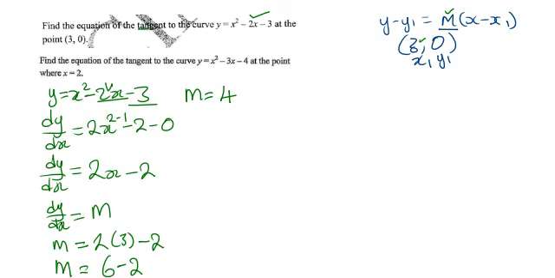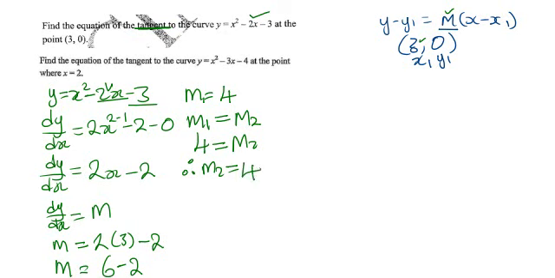If you are finding the equation of the tangent, it simply means that m1, which is this gradient of the curve, is equal to m2, which is the gradient of the equation they're asking us to find. Where there's m1, you put a 4, which will be equal to m2. Therefore, our m2 will be equal to 4.